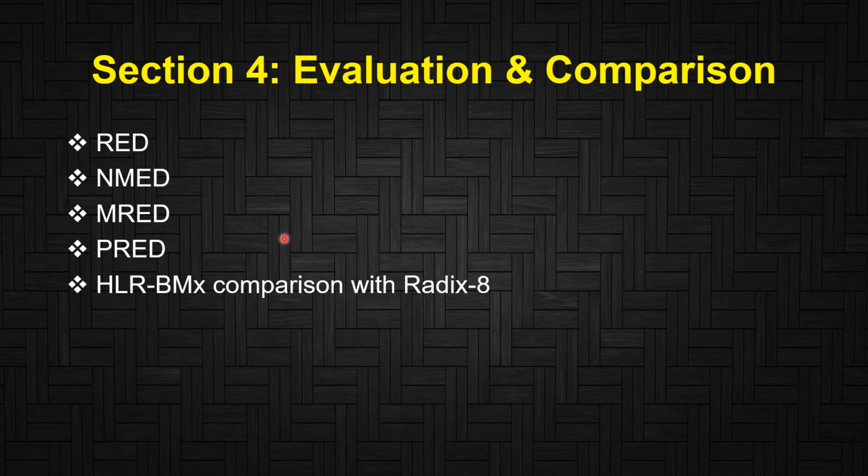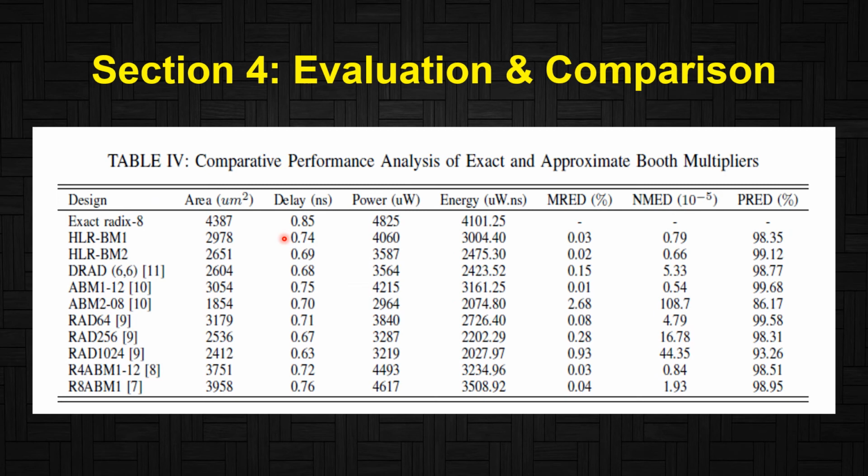Now, this table shows the hardware error metrics of the proposed HLR-BM and existing approximate Booth multipliers. HLR-BM multipliers achieve power saving of 18% to 31% over the exact radix multiplier. HLR-BM1 has the least delay due to the reduced partial product tree compared to ABM1 and R8ABM1 designs.